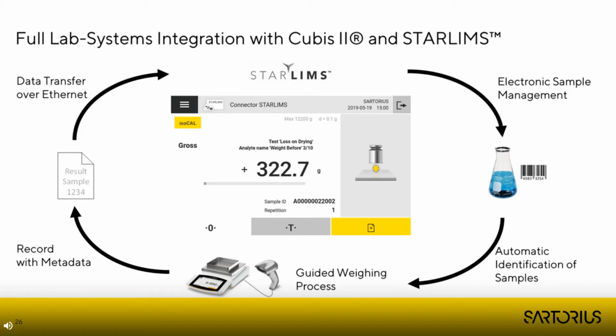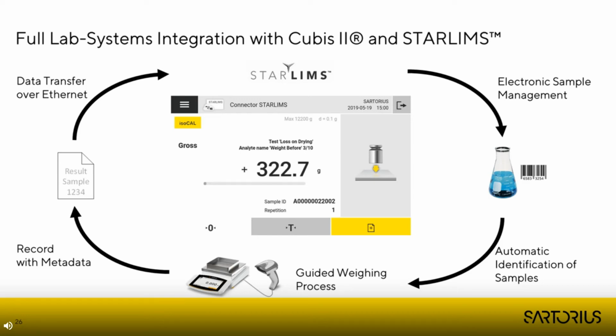Of course, it would also be possible to enter a sample ID via the balance touchscreen, but this brings the risk of errors. After that, the balance checks if all conditions or specifications are fulfilled, so that the balance is calibrated, the user who is logged in is allowed to work with this kind of sample or method, and also if it's the right balance type for the sample.